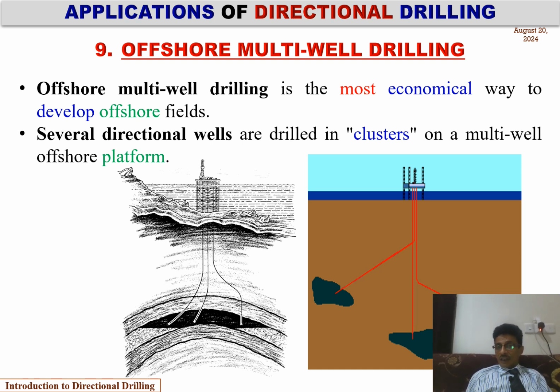Offshore multi-well drilling is the most economical way to develop offshore fields. Several directional wells are drilled in clusters on a multi-well offshore platform. From one platform, we can drill more than 3, 4, 5, up to 50 wells.